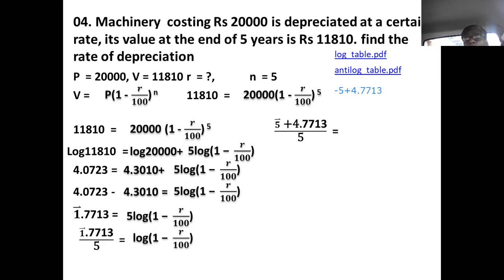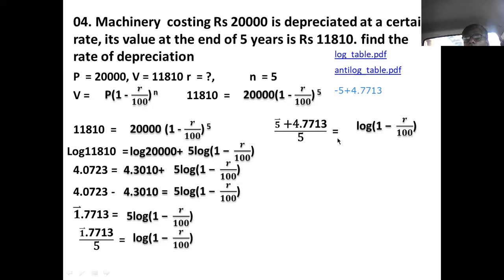Next is, if you divide it, what is your answer? Separate portion. If you divide it by 5, 5 ones are, bar 1 comes. Then you put plus or directly write 4.7713. 47 means 0.9. Like this you divide.